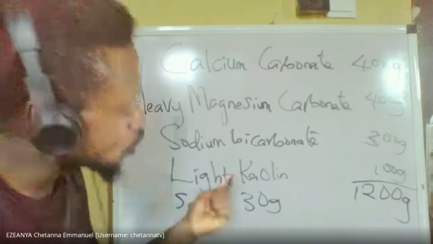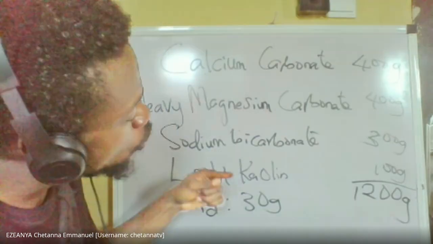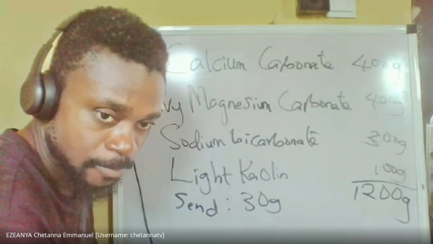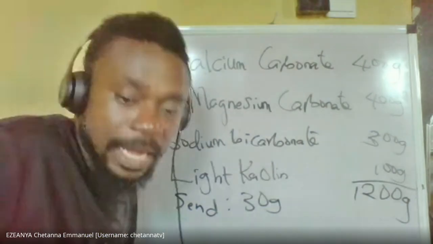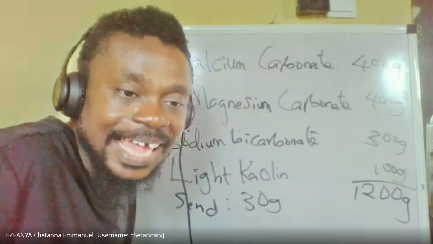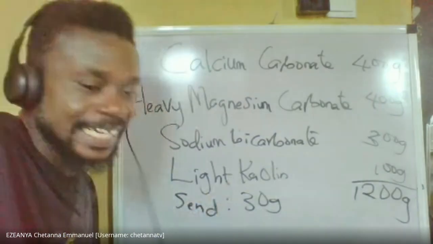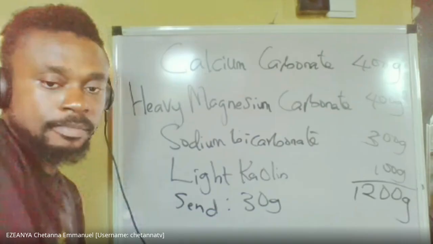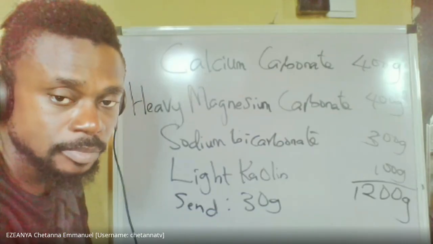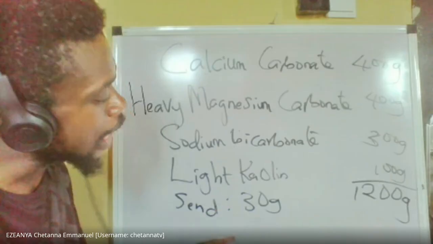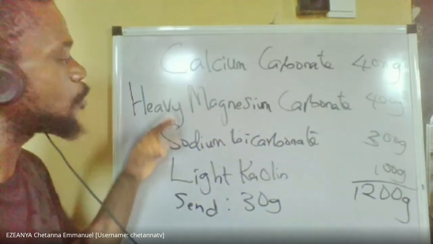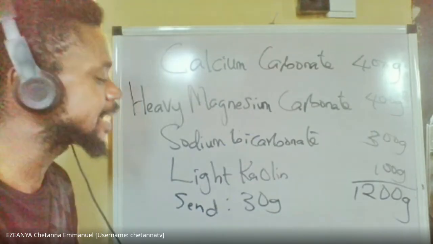Now, what do you think we can do to this master formula to be able to get a formula that will give us 30 grams? Who can tell me? What can we do? Are we going to enlarge the formula? Are we going to reduce the master formula to get 30 grams?